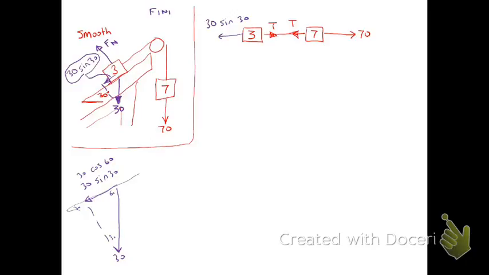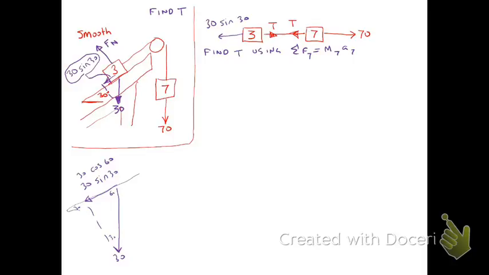Find T. Find T using the sum of the forces is equal to ma. Well, might as well, let's pick the 7. The sum of the force on the 7 is equal to the mass of the 7 times the acceleration of the 7.